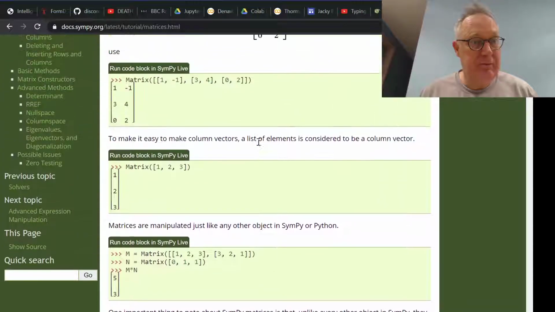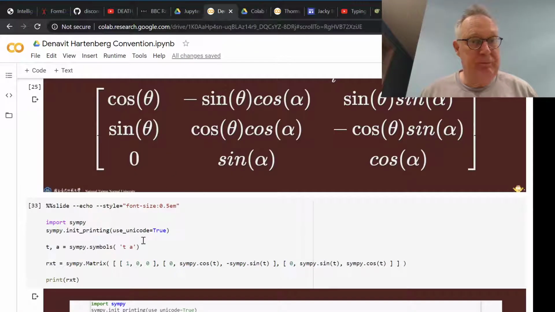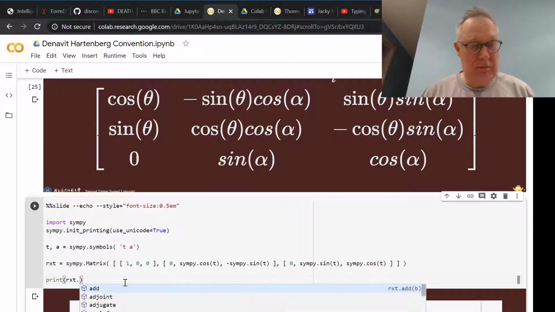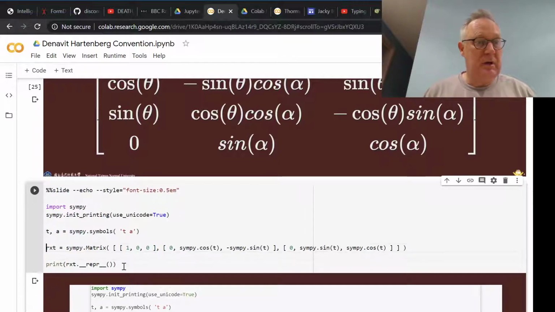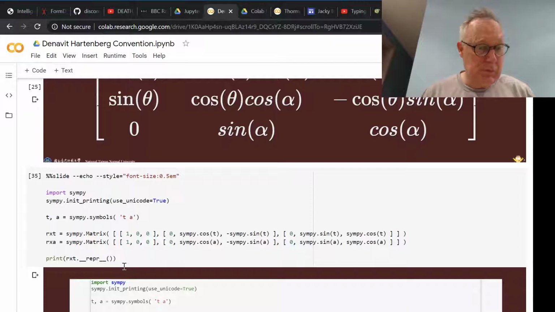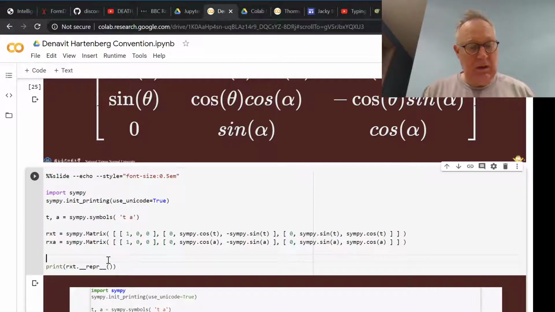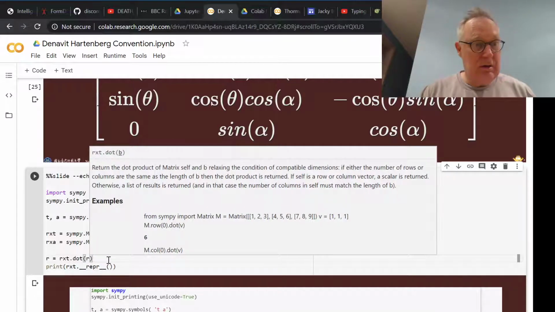Print. Alright, so this will be RXT, and then we set RXA alpha, so that will be A, and R is equal to RXT dot RXA.